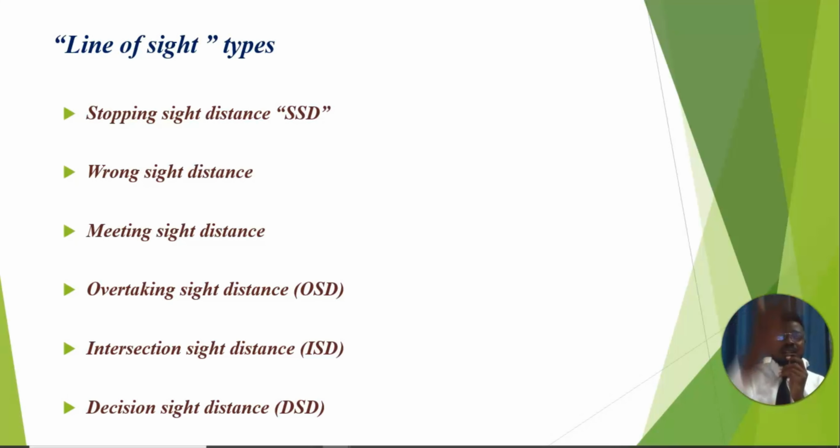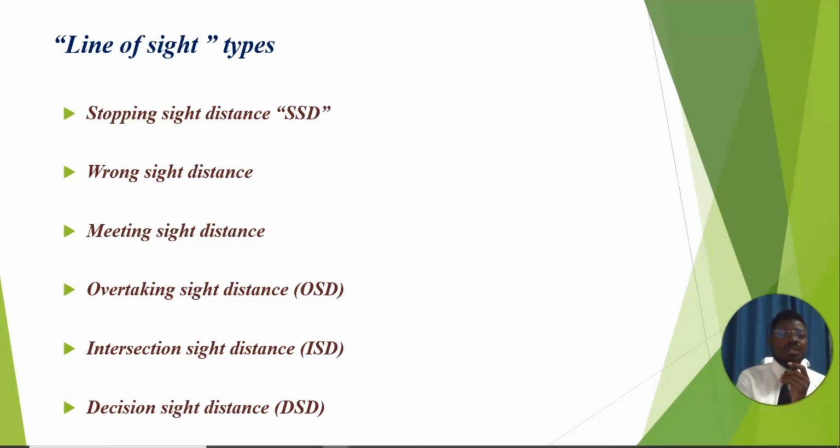So when there is an incoming vehicle moving in the middle of the road, and another one also coming facing each other, now the shortest possible distance required for each of them to drive back to their lane is what we call the wrong side distance.